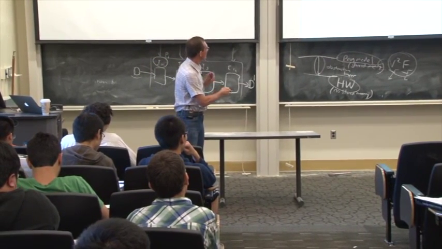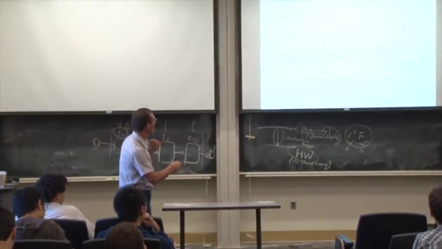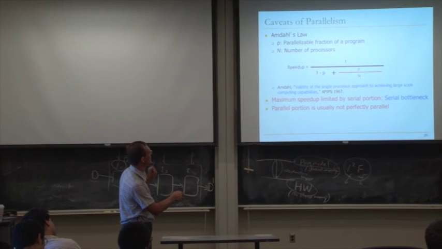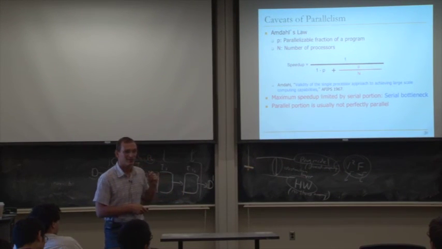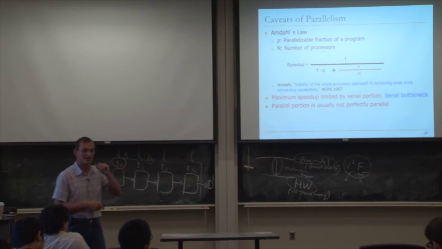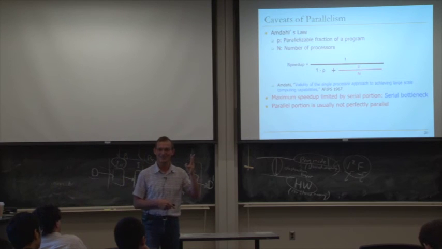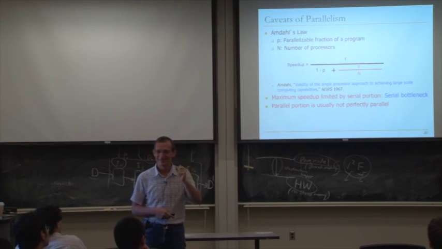Okay. On top of this, parallel portion is usually not perfectly parallel also, right? This assumes that your parallel portion execution time will be divided by n. But based on what we've discussed in the last lecture, you know that that's not true, right? There are 3 reasons why this is not the case. Anybody remember those? By heart?